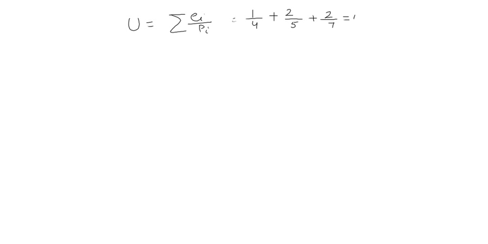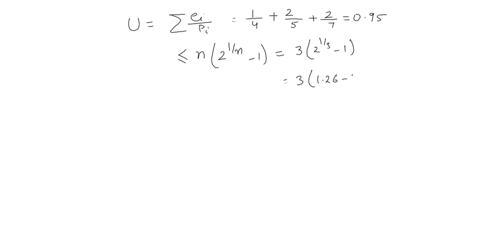If you compute it, you will get around 0.95, right? It should be less than or equal to n times (2 to the power 1 upon n, minus 1). Here n is 3 because there are 3 tasks. So 2 to the power 1 by 3, minus 1: this is 1.26 minus 1, which is 0.78. The utilization is 0.95. So is it violating or not?